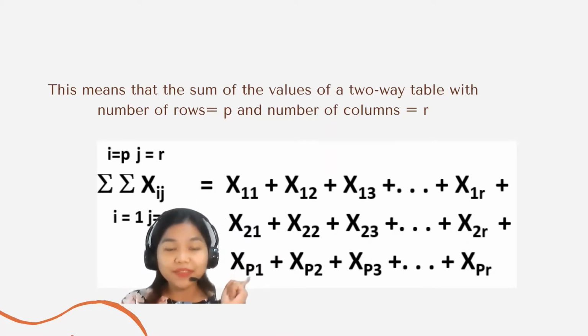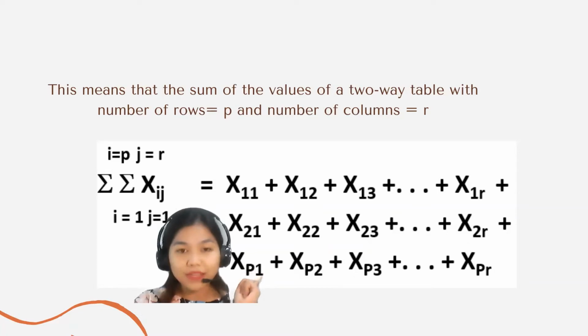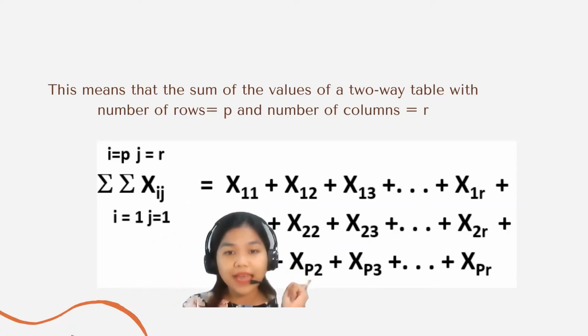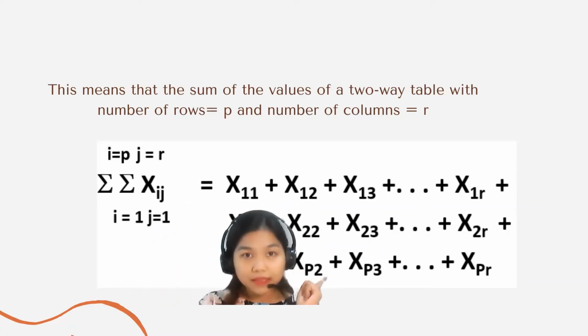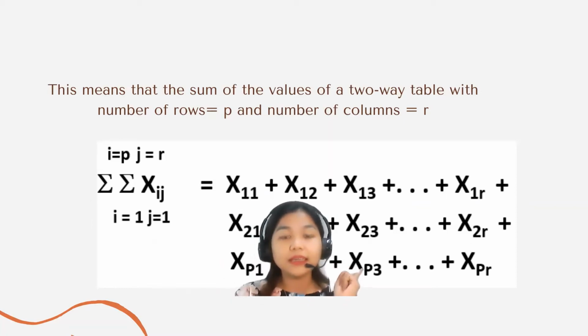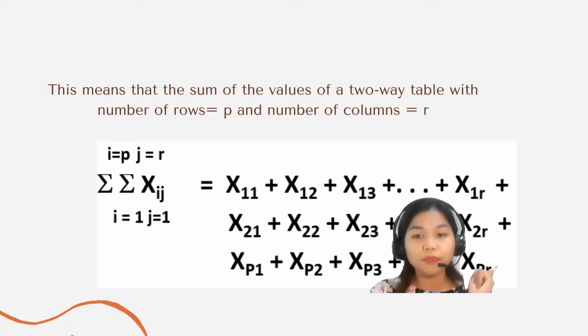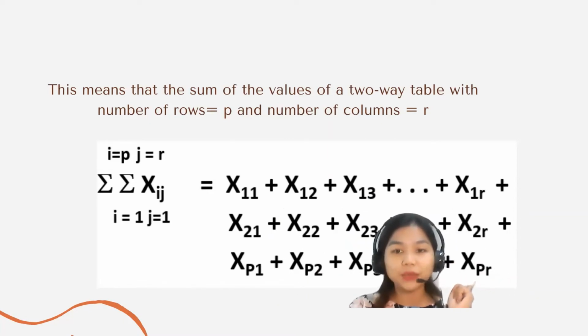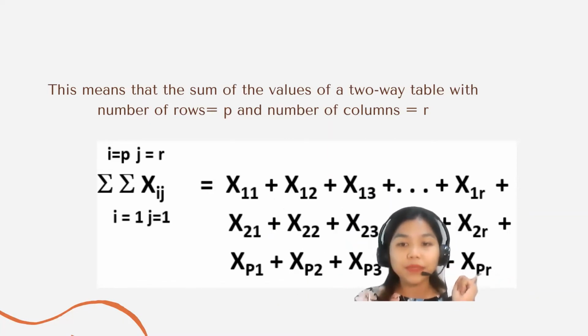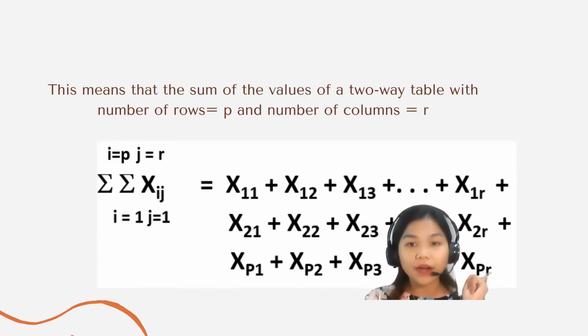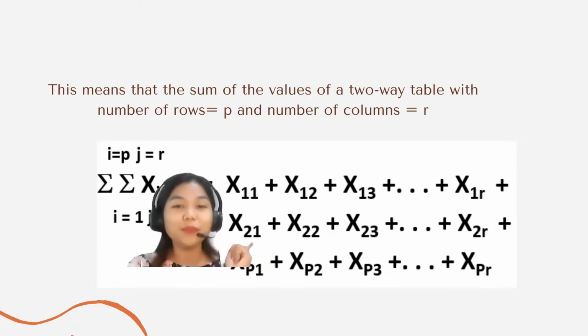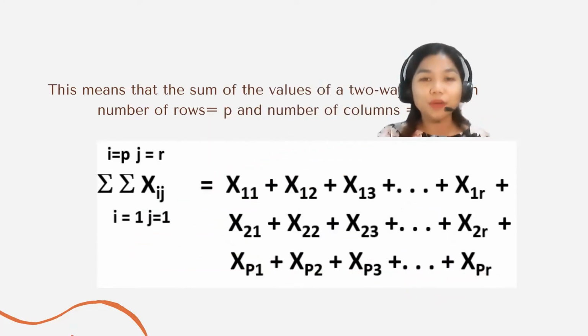So to the infinite row, having the first column, the XP, the second column, and the row P having the third column, and of course, the last value, which is the XP row and the R column. So, ganun po kadali magbasa ng double summation.